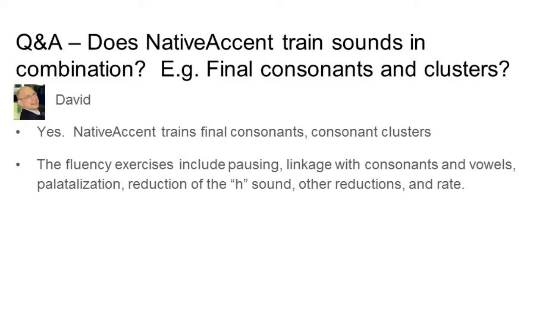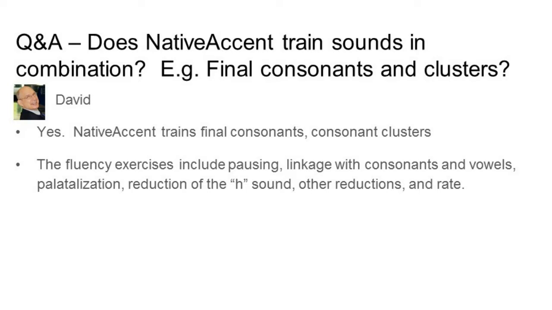I'm just wondering if your product has some sound combinations for them to practice. We do indeed. So we do consonant clusters. Linkage is big. We have 8 fluency skills, so that includes linkage with consonants and vowels, palatalization, reduction of the H sound, and those sorts of things that are good for that population in particular.